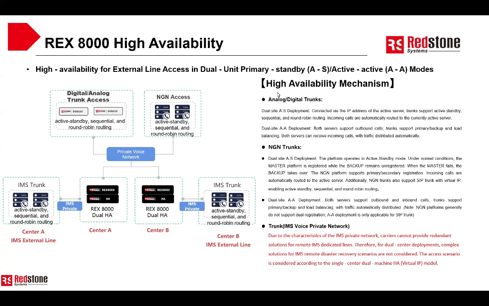But AA mode, because most NGN platforms do not support dual registration. Is it correct? You can ask me in the Q&A, but I think most NGN platforms do not support dual registration, which can cause conflicts, with registration resulting in some inbound call failures. So we can remember it's AS mode, no problem, but AA mode may have some problems. You may have to support dual IP authentication, then it will solve your problem.